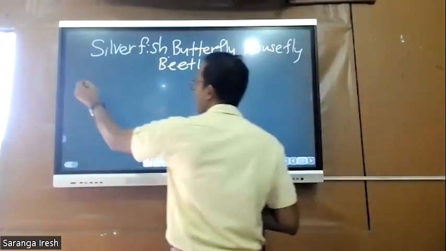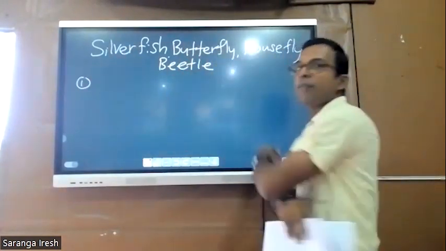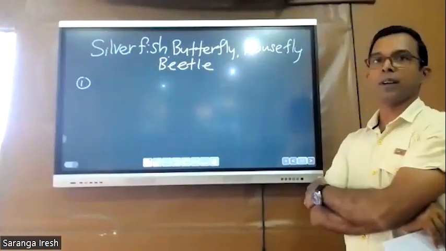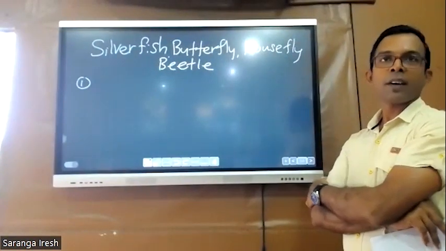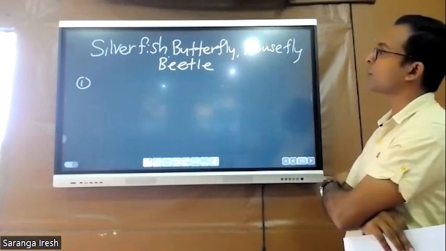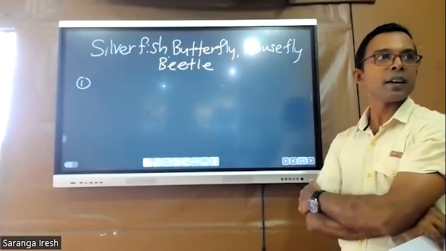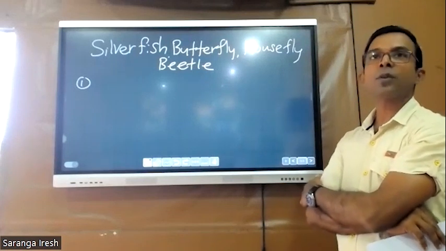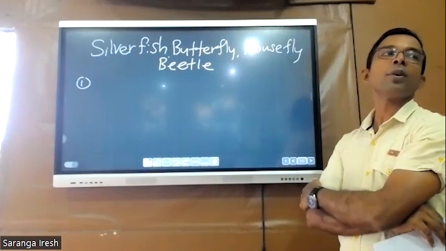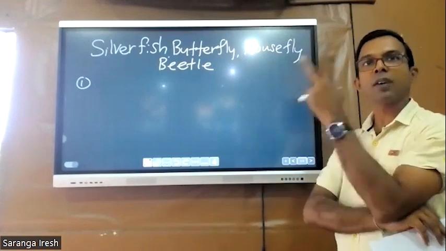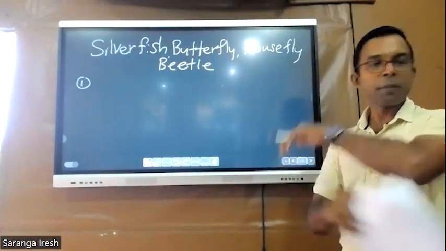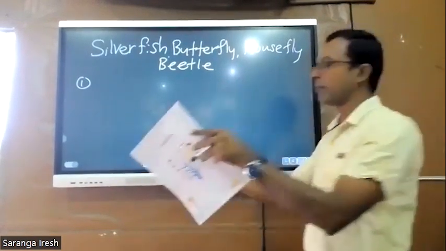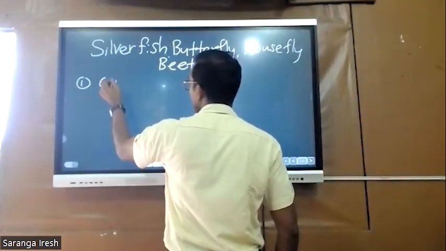When you are given the list of organisms, first you have to see who are the organisms given there. And you have to select by your own the two statements to use to separate them. You may select wings present, wings absent.